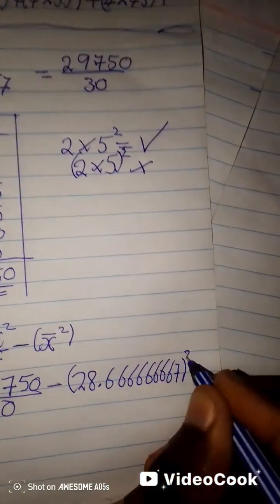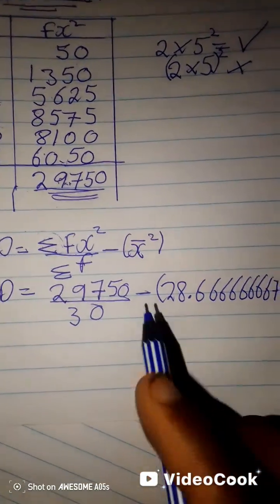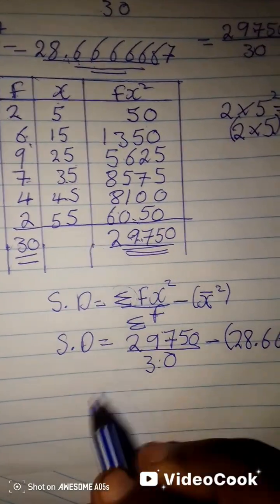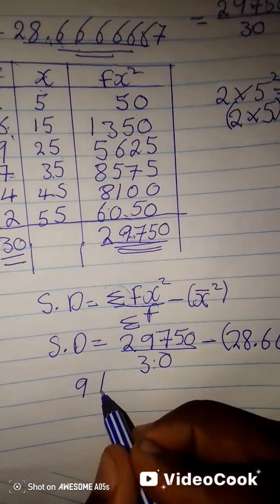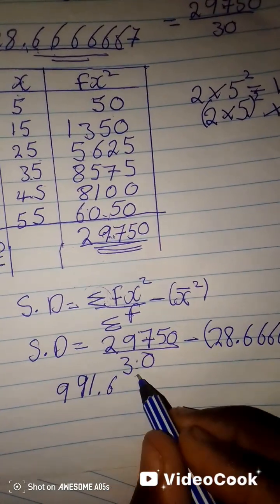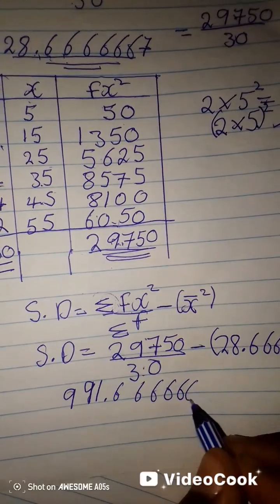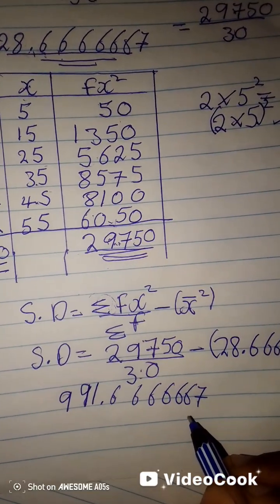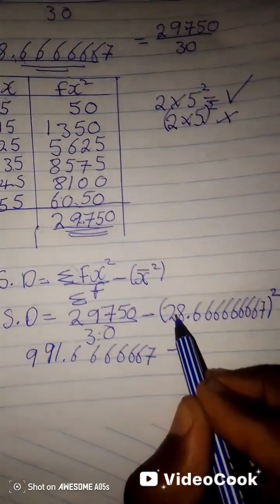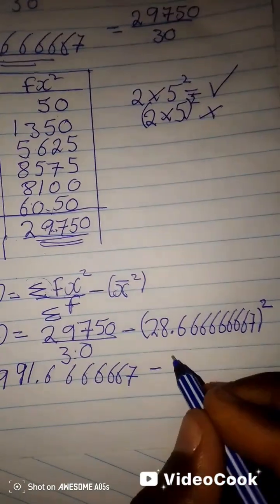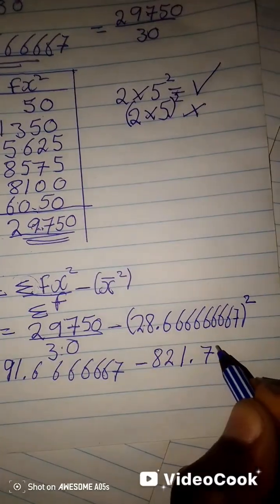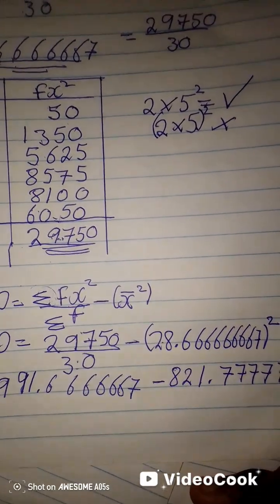So you square it. When you divide this by 30, you are obtaining 91.6666667. Minus, when you square this one, you are getting 821.7778.